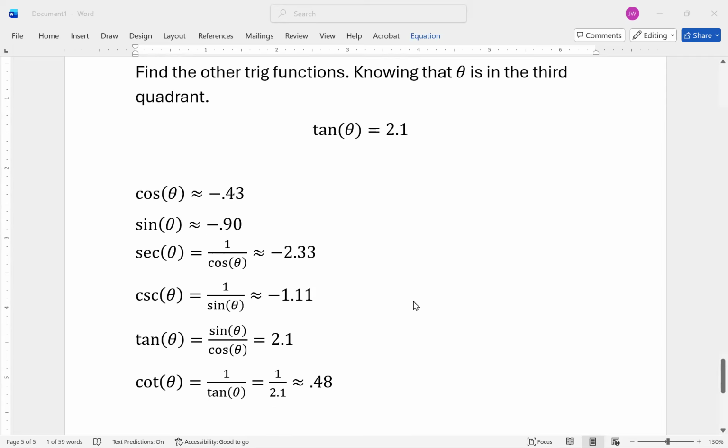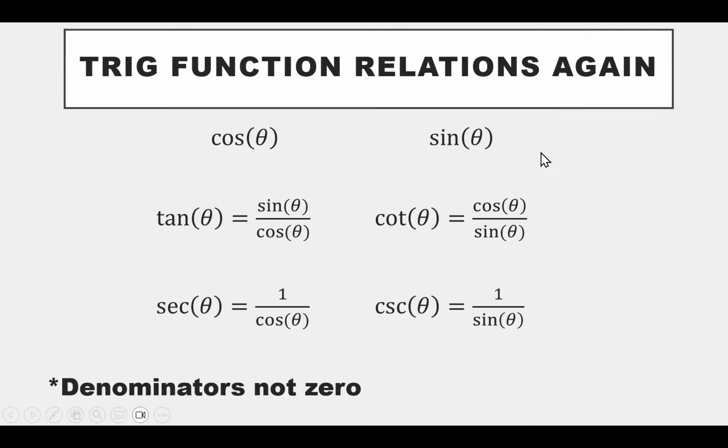Again, using Pythagorean identity and the trig relations, we came up with all 6 trig function values. So these trig relations, as we can see, can be used in lots and lots of different ways. And that ends this video on the 6 trig functions on the unit circle.